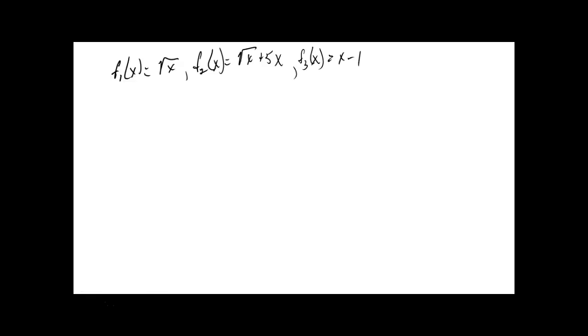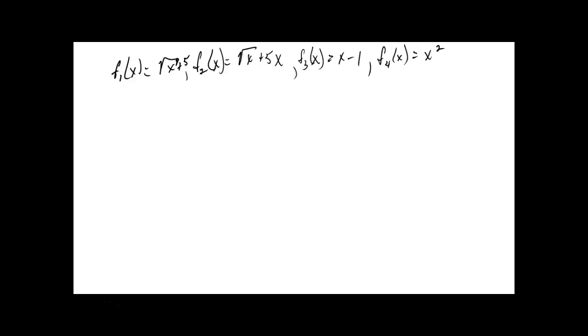Okay. Oh, you're right. f1 is square root of x plus 5. I didn't see the plus 5. The plus 5 is not under the radical. And f2 of x is square root of x plus 5x. f3 of x is x minus 1. And f4 of x is x squared. Okay?